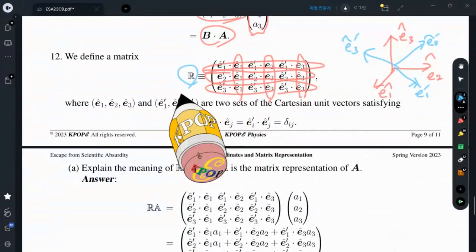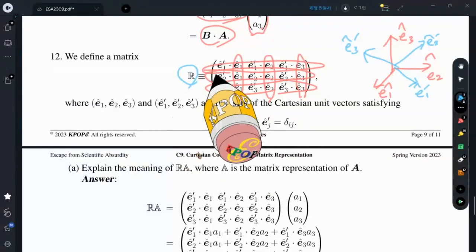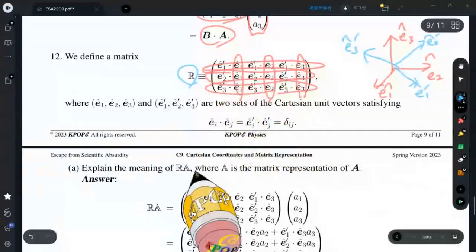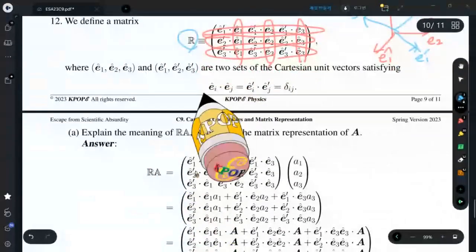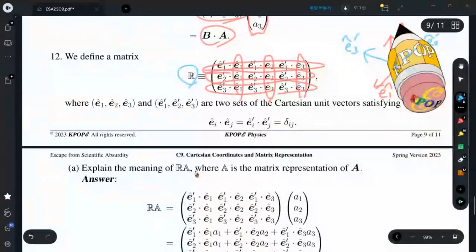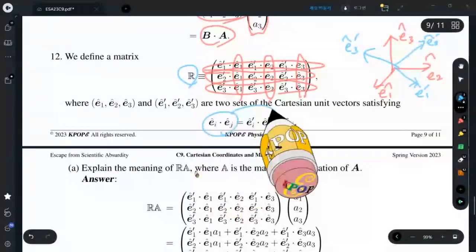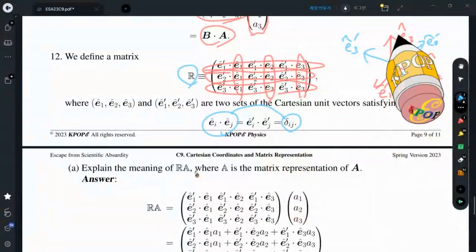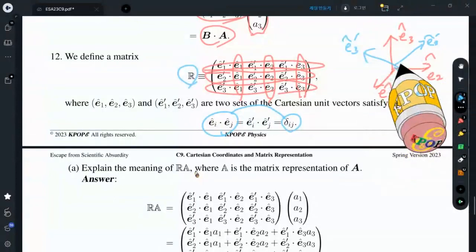We will find this in detail next time, but just forget about the origin of this matrix, just carbon copy and compute. And 1, 2, 3, they satisfy the Kronecker delta. As we know, these are unit basis vectors of the Cartesian coordinate system.